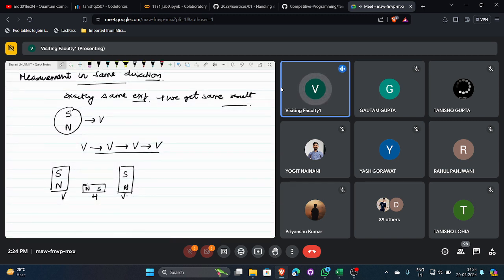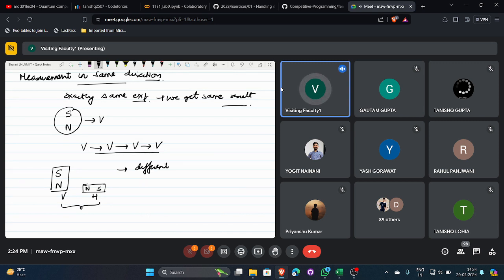So first of all, let's discuss this: when I did this, first in vertical, then in horizontal, what is going to happen? The movement is now unpredictable. The electron's behaving pattern is unpredictable. So simply you will be getting a different result.